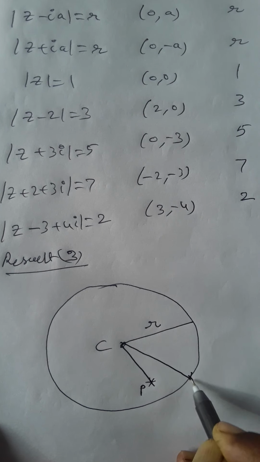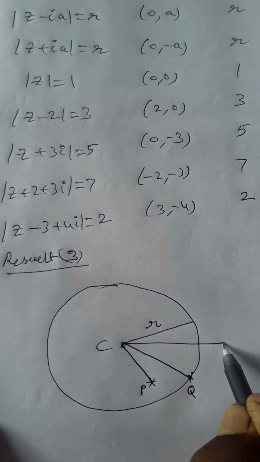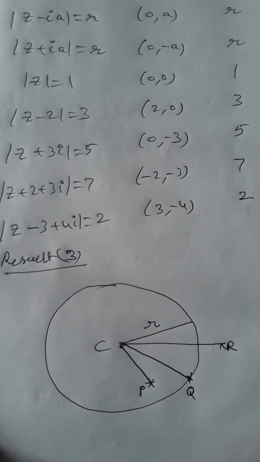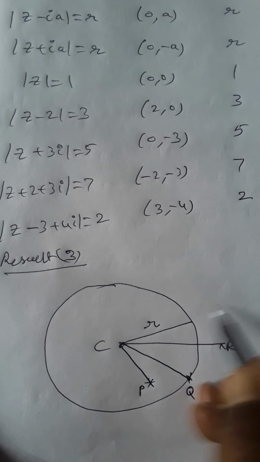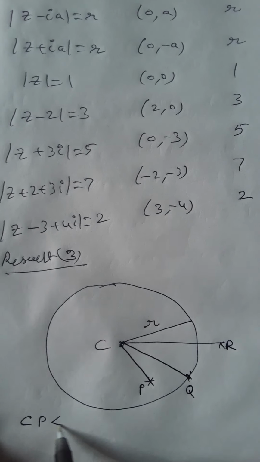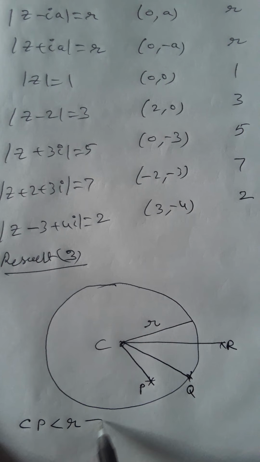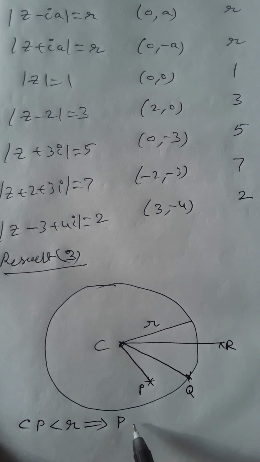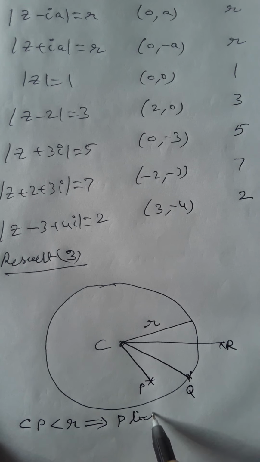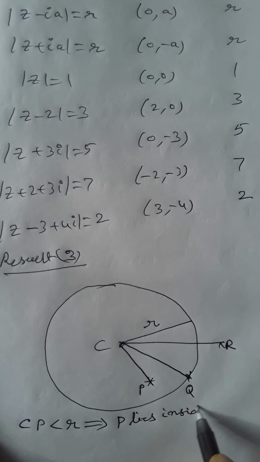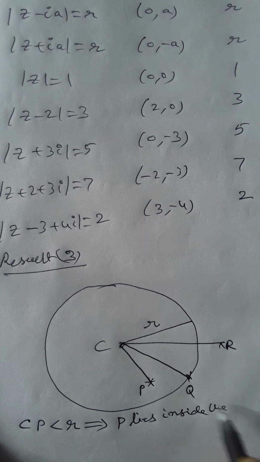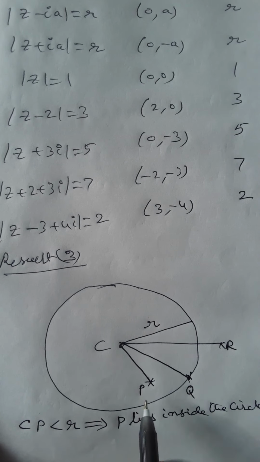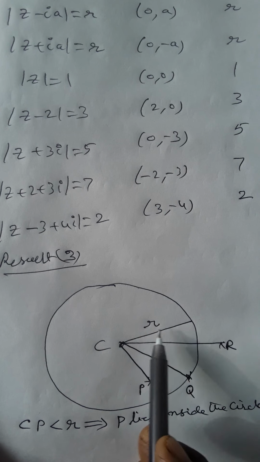CP less than R implies P lies inside the circle. So if the distance between the point and the center is less than the radius, the point lies inside the circle.